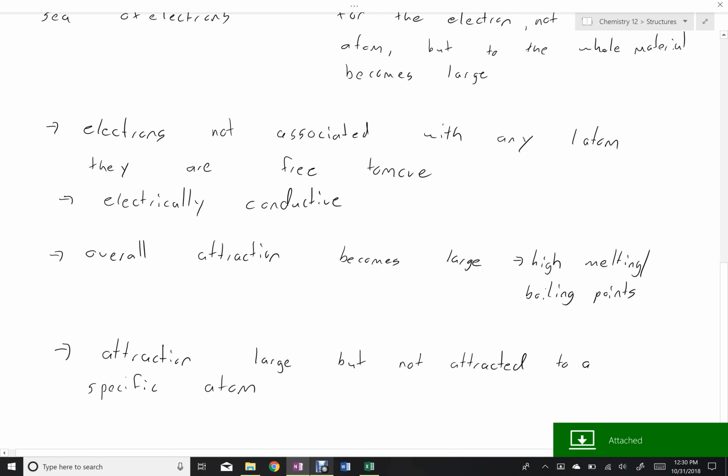So the attraction is large, and that makes the material overall hard.